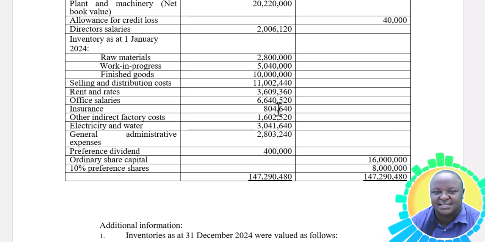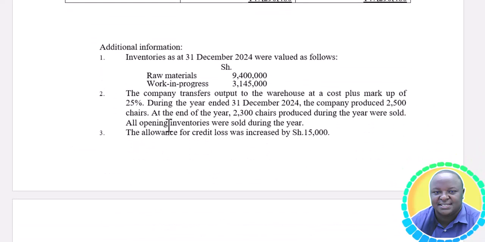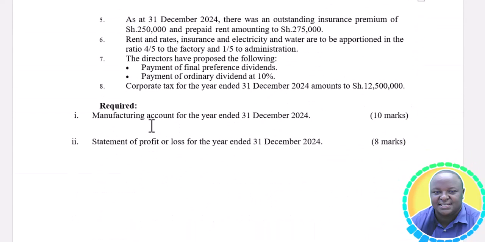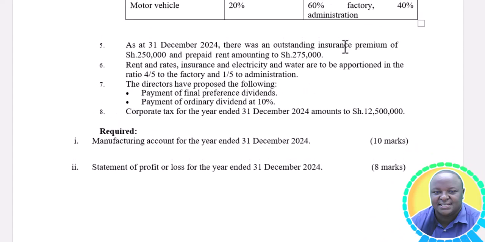But we need to, from the additional information, we are being told that additional information number 5, at 31st December 2024, there was an outstanding insurance premium of 250 and prepaid rent amount of 275.